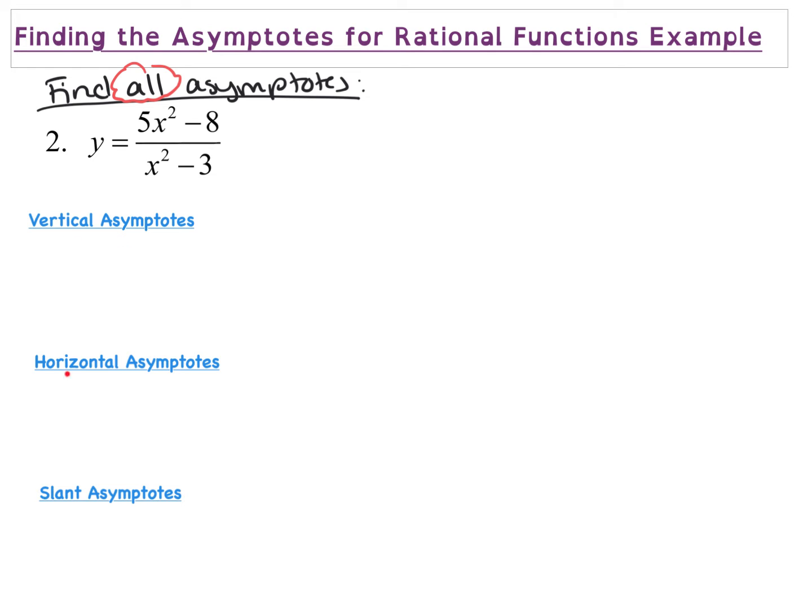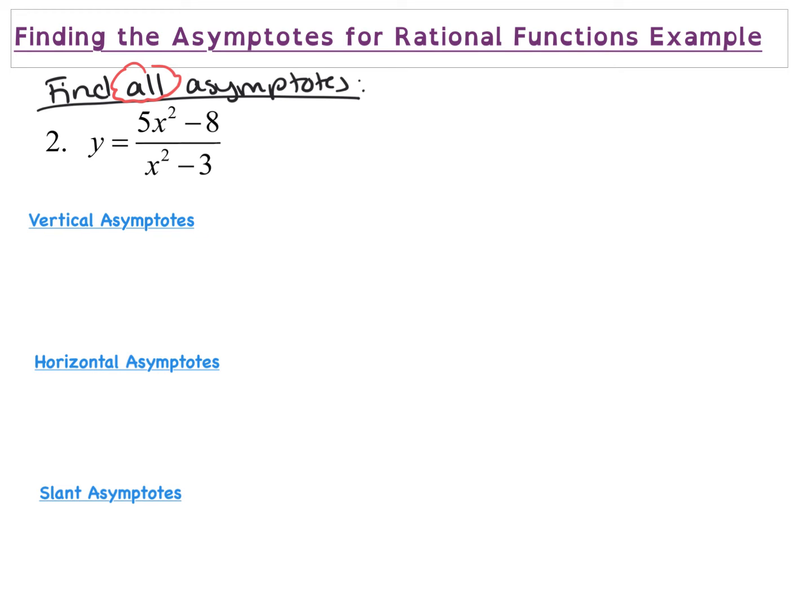Horizontal asymptotes are determined by looking at the degree of the numerator and the degree of the denominator. And then finally, slant asymptotes, which are a specific type of semi-horizontal asymptote where we still look at the degree of the numerator and the degree of the denominator.